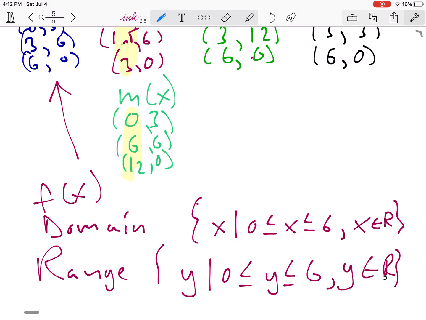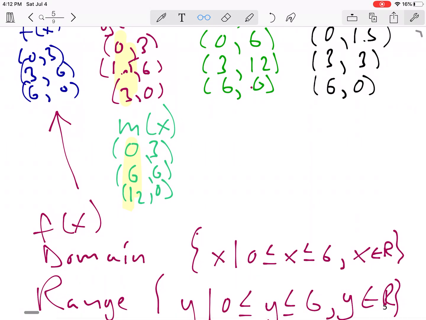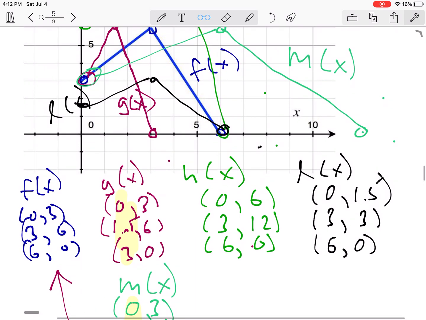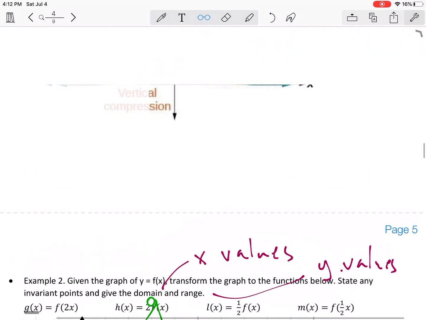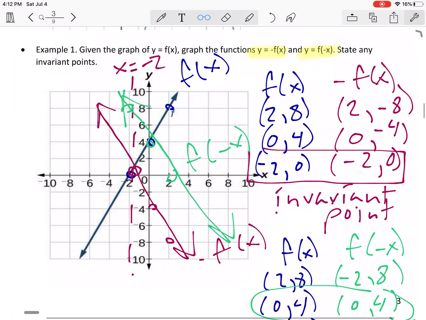Okay. So remember, when you're doing the domain and range, this is what we use when we have a confined set of values. If you have a function, let's just go back here, like these ones here, where they just keep going forever, then you can say that it would just be all real numbers, because it keeps getting higher and lower, and it keeps going left and right.